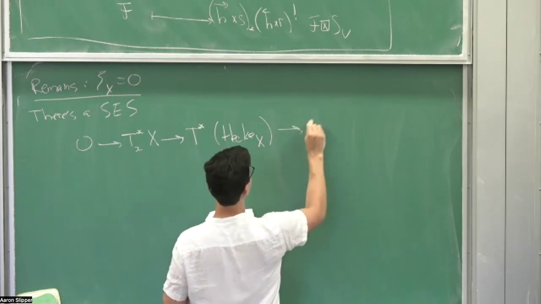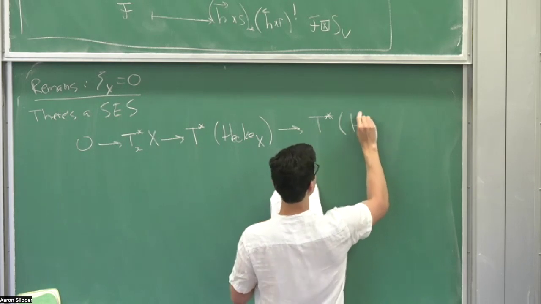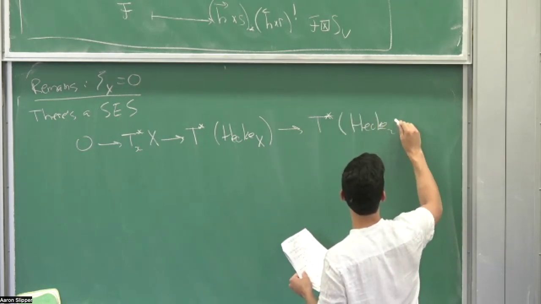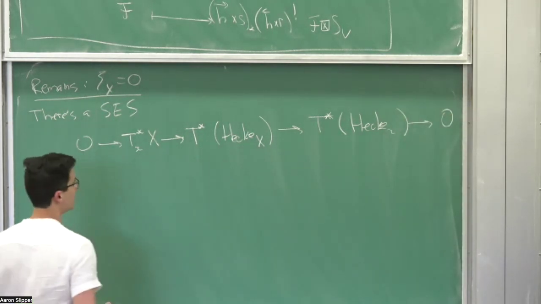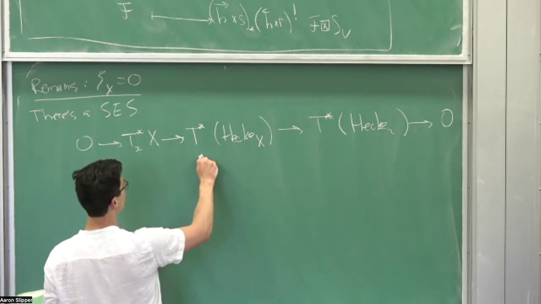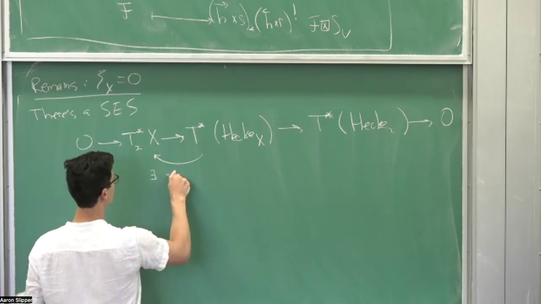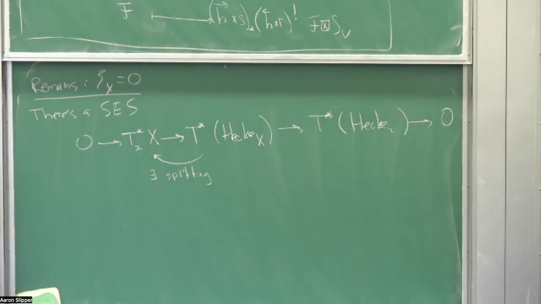And this maps to the cotangent of Hecke at little x. And there exists a canonical splitting. This is just a fact.